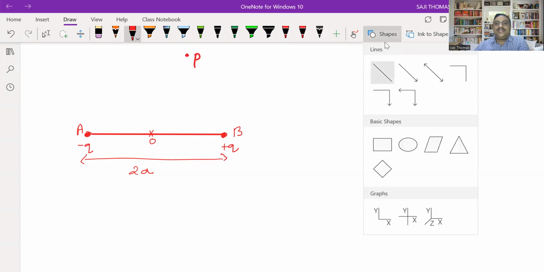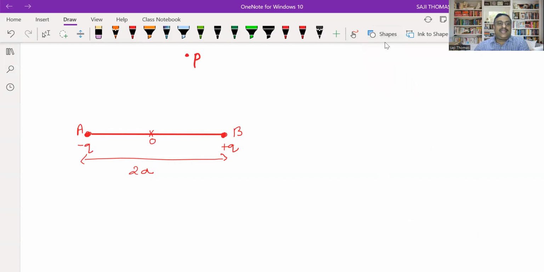Now I am joining A to P. This distance AP is the distance of the point P from the charge minus Q. I name this distance R1.